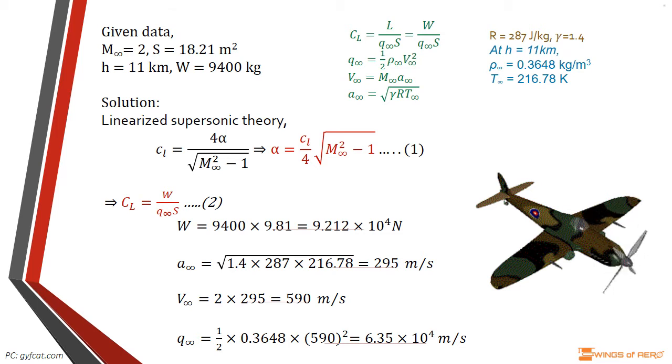Solving with those values, we get a infinity is 295 meter per second and velocity V infinity is 590 meter per second. Now substitute the values of density and velocity in the dynamic pressure expression and solve. We get dynamic pressure Q infinity is equal to 6.35 into 10 to the power 4.